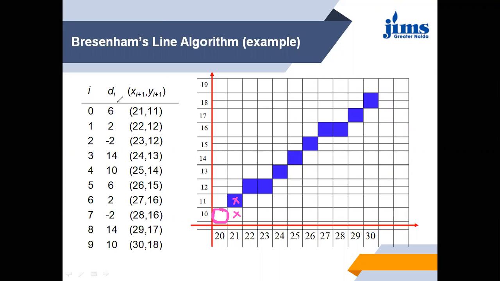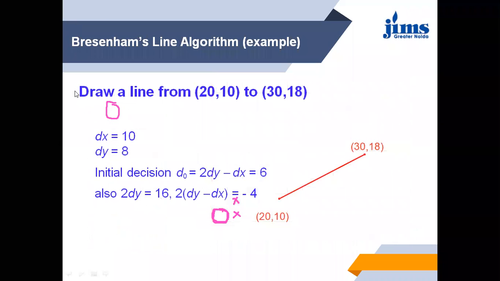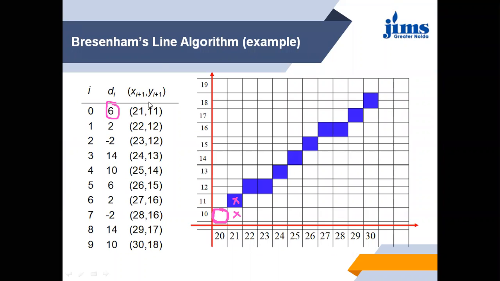We find the value of the decision parameter di, and by using it we can find the value of the y coordinate using the formulas we discussed in the last slide. We can find the value of yi plus 1.